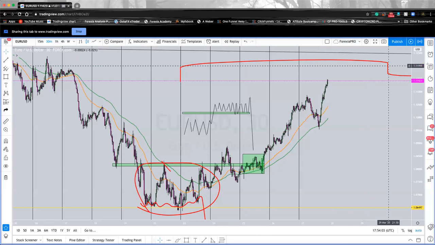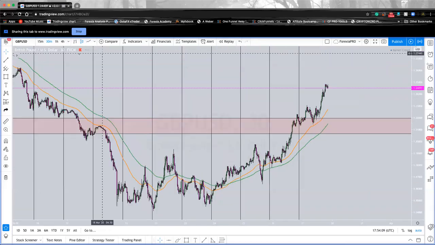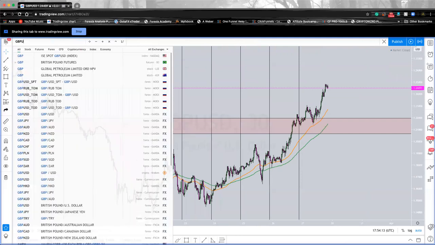When it comes to GBP USD, we had another analysis that I had. Let me choose this one.